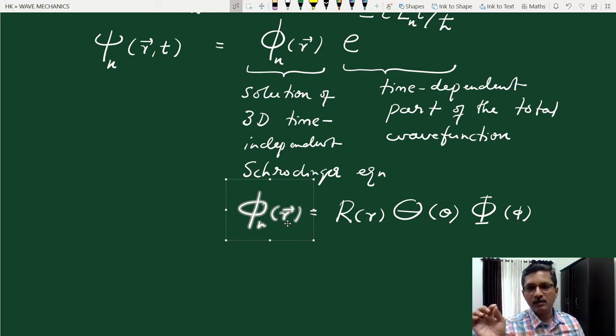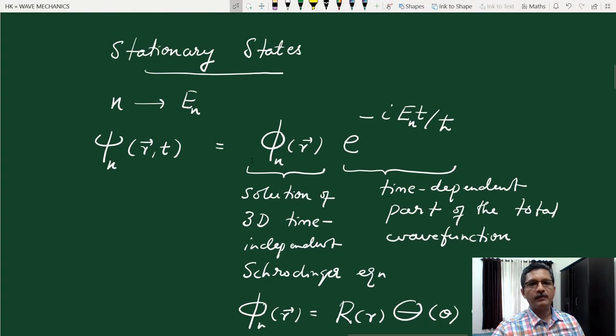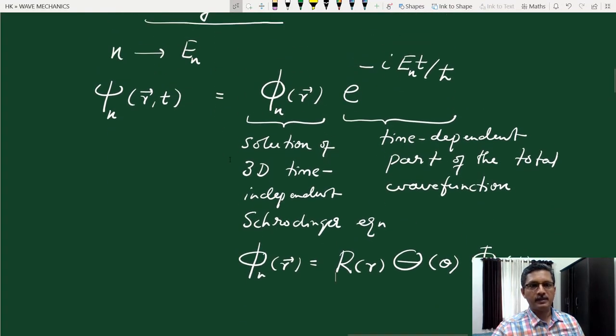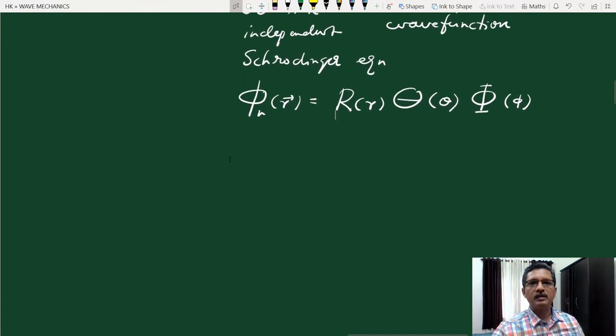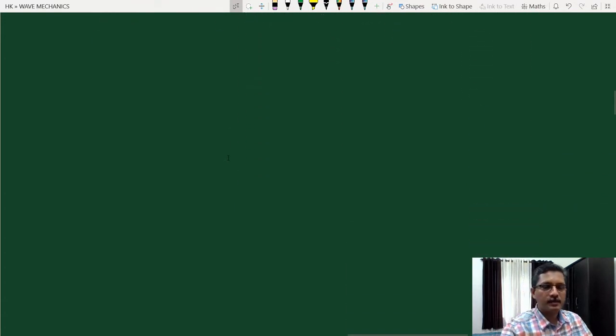So the radial variable r and the angular variables theta and phi are the components of this position vector. So this is the idea. So the total wave function we can write like this if it is in a particular quantum state of energy E n. Now let us look at the probability density of the state.